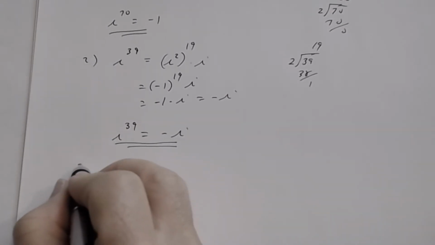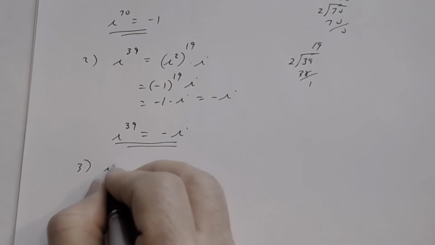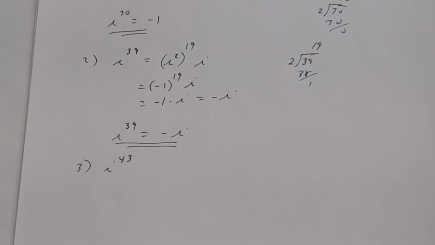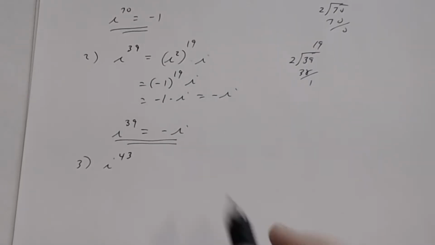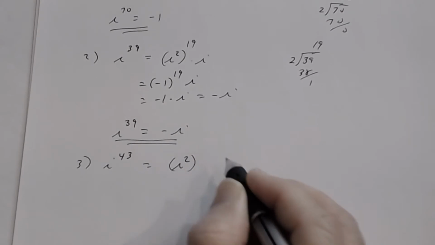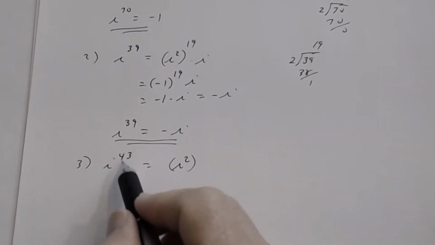Number 3, let's suppose you have i to the 43rd power. Same idea. You're going to rewrite this as i squared raised to a power and some remainder, because that's not an even number.